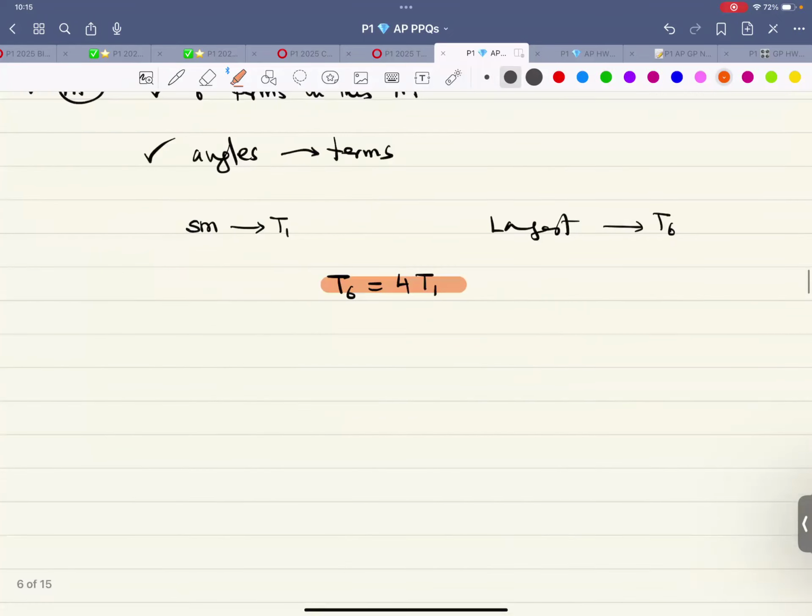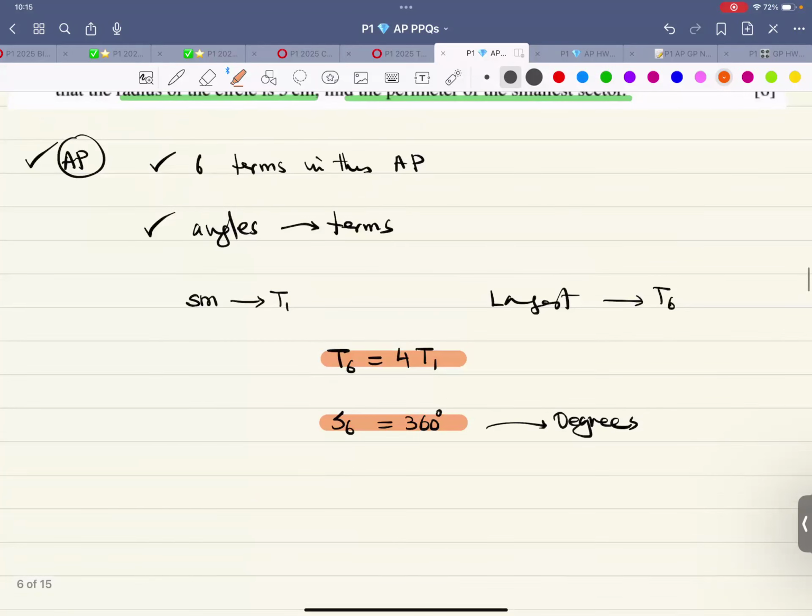And what else is there? We should know that the sum of all these 6 terms is 360 degrees, provided I prefer to work in degrees, which I do prefer. And that's the second piece of info. And all this basic thing was there already. The angles are the terms, the smallest is the first term, the largest is the sixth term. There are six terms in this AP and it's an AP.